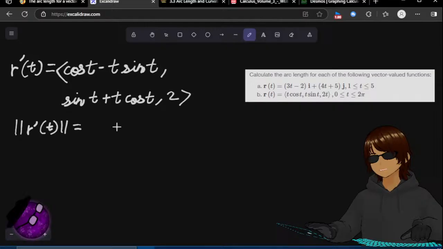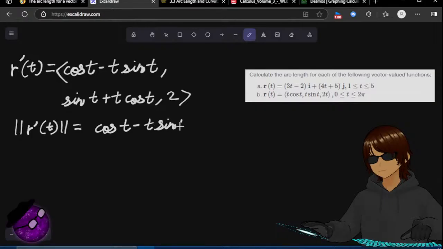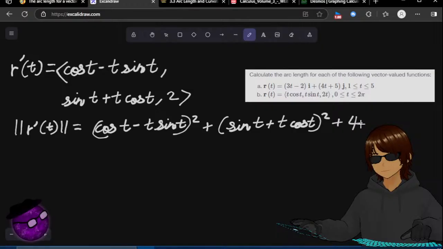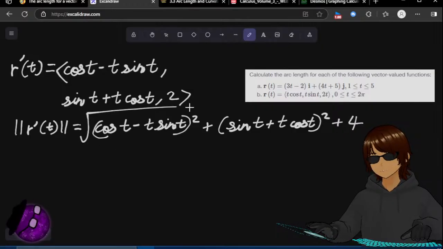We have all of this squared plus all of this squared plus this squared, which is just 4, and then square root.